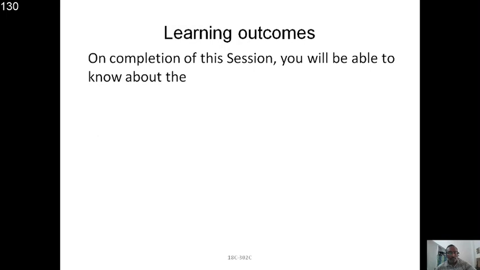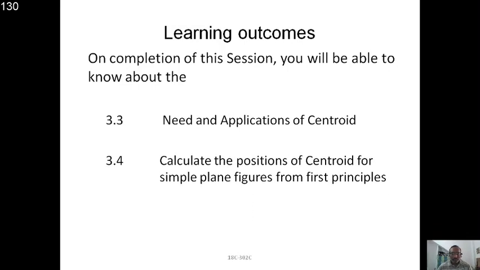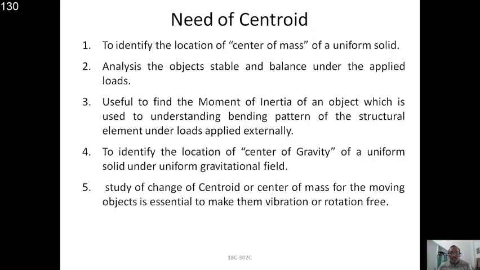So coming to today's session, we are going to learn about the need and application of the centroid, and calculate the positions of the centroid for simple plane figures from first principles. Right? So first we understood the need of the centroid: to identify the location of the center of mass of a uniform solid.